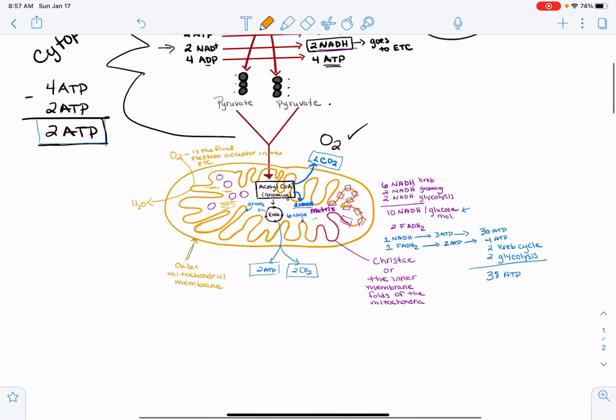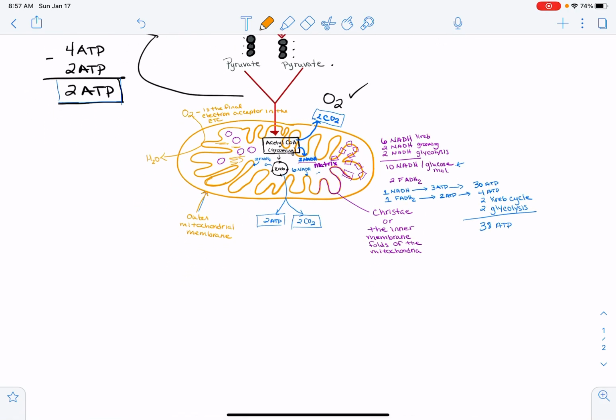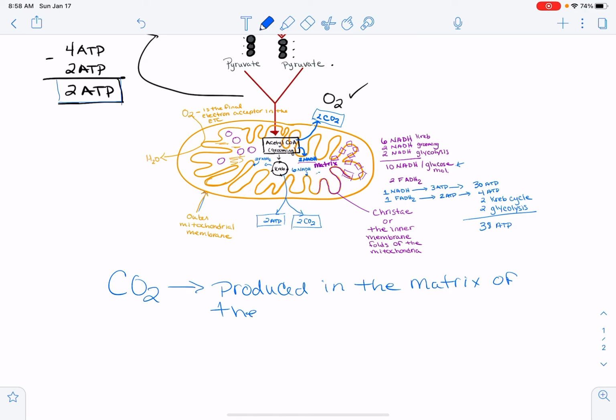So what do we have? We have carbon dioxide, I'm going to write this in blue over here. So we have CO2 being produced in the matrix of the mitochondria. And we have oxygen, we do have oxygen, but that's not what's being produced.